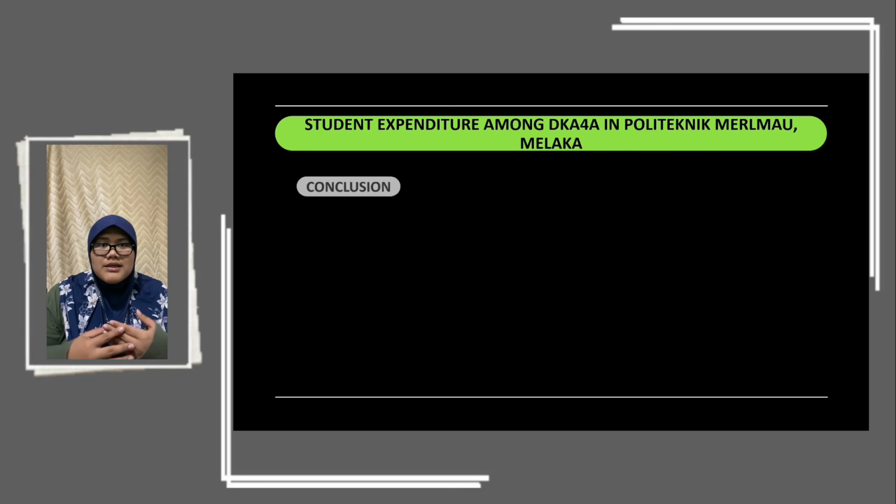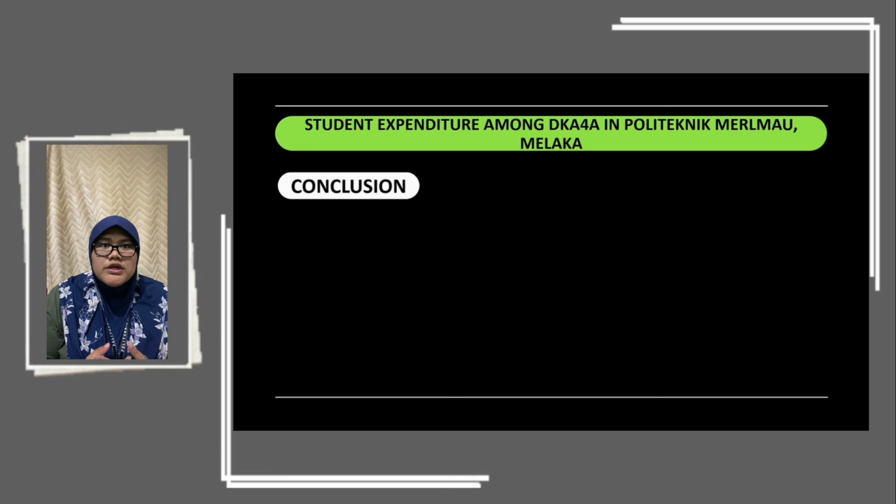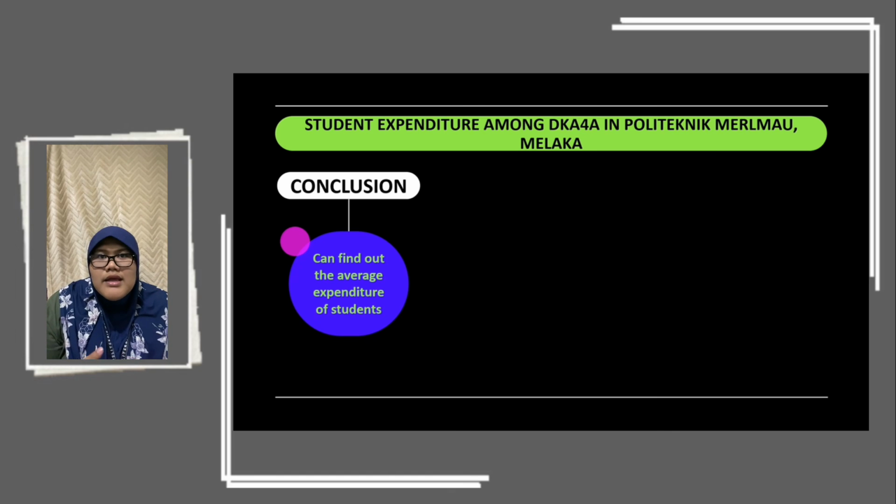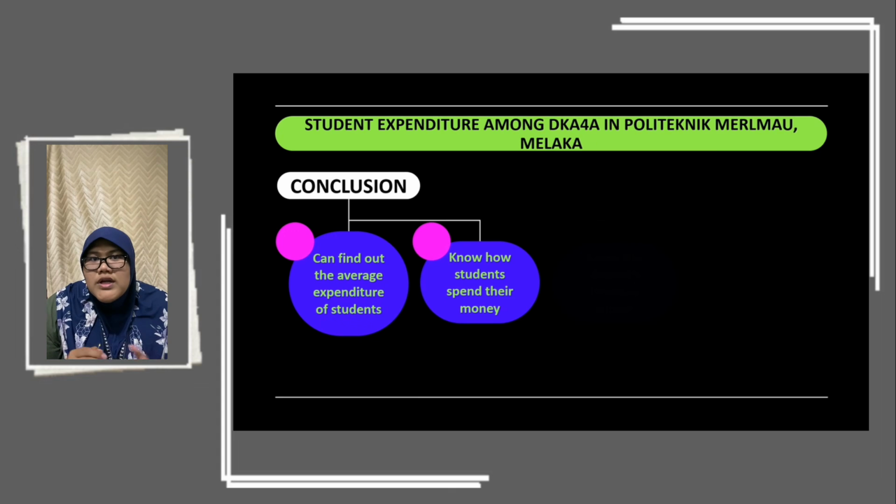For the last explanation, I will tell you the conclusion of students' expenditure among DKA4A in Politeknik Merlimau, Melaka. From the Google Form that we have analysed, we can find out the average expenditure of students. Next, based on all of the data we have collected, we can see how students spend their money throughout their student life.